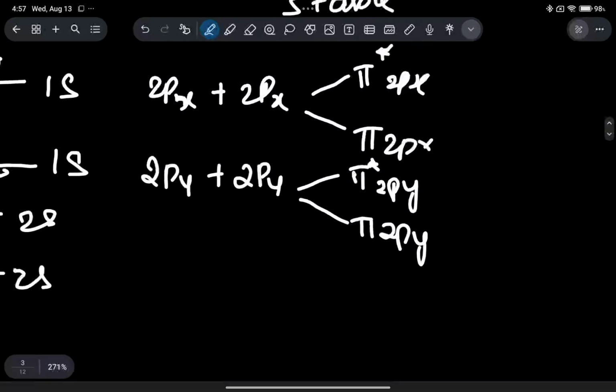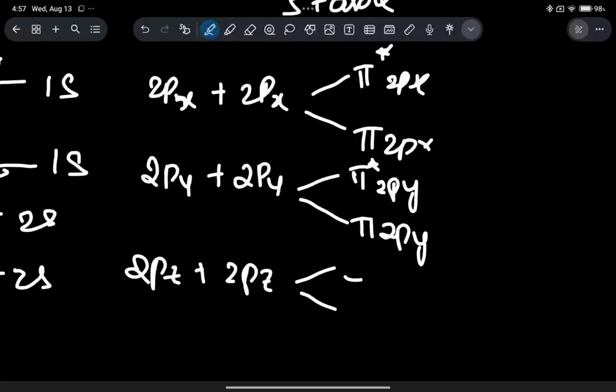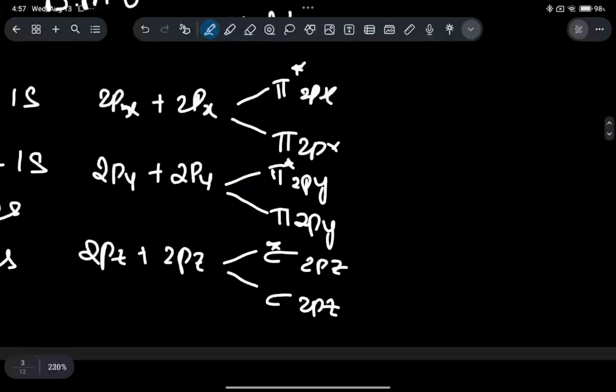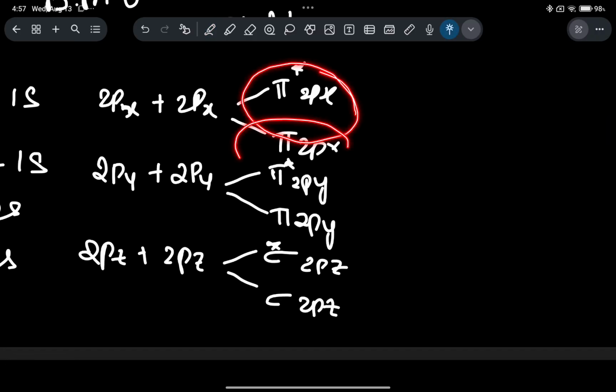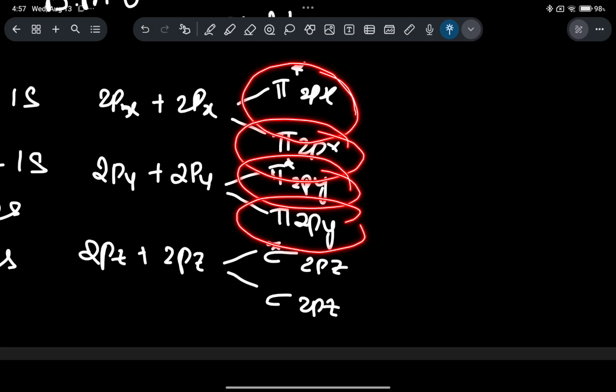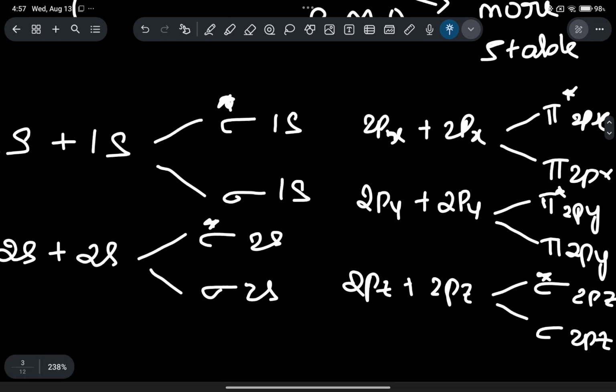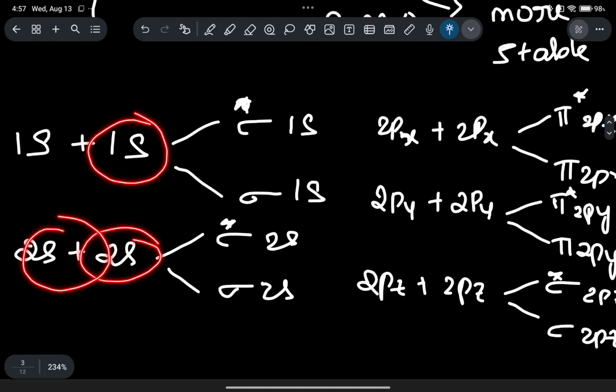But if we write 2pz plus 2pz, we take it as sigma 2pz and sigma star 2pz. When it is only px and py, we take only the pi value. But when we take 2pz, we take the sigma value, and when it is 1s and 2s also, we take sigma.